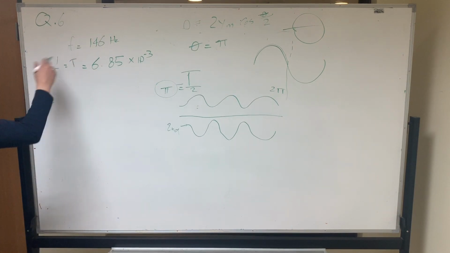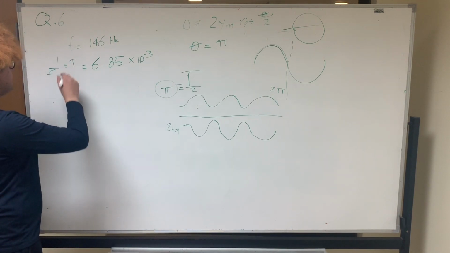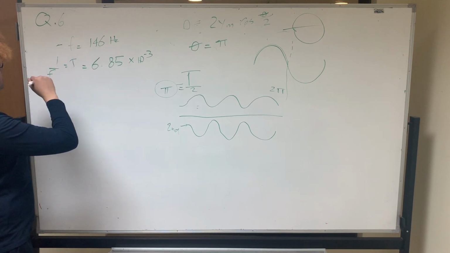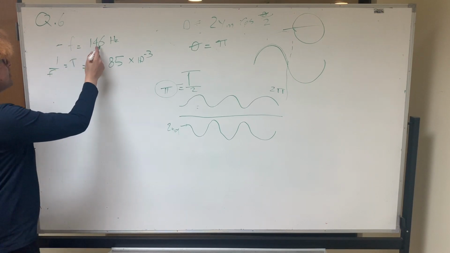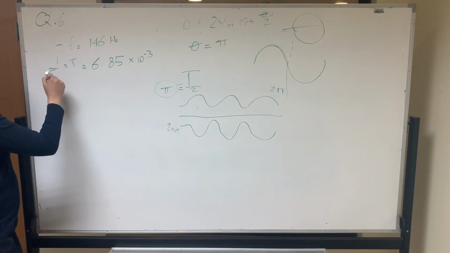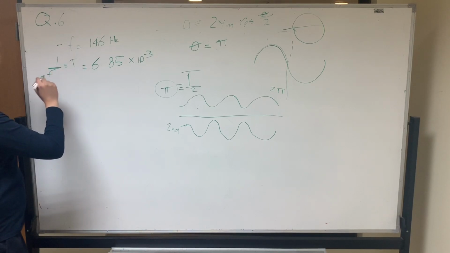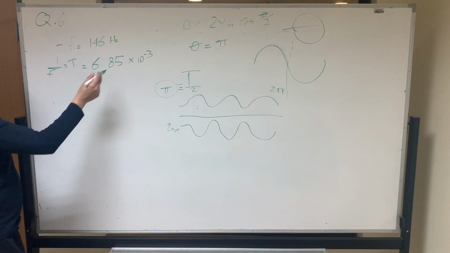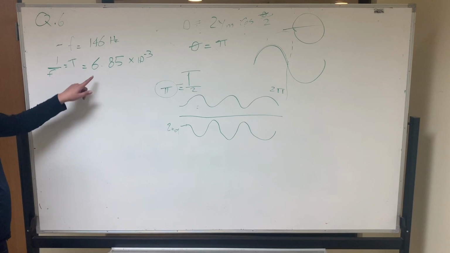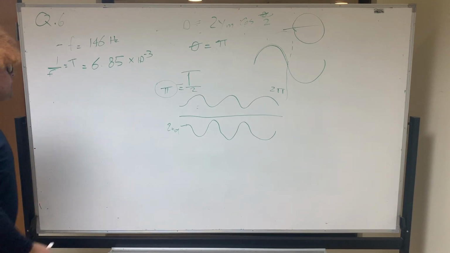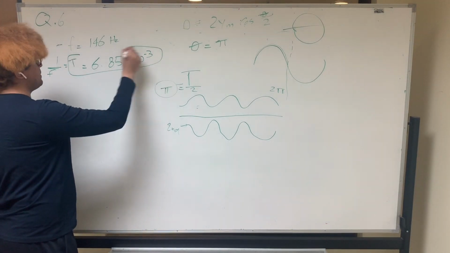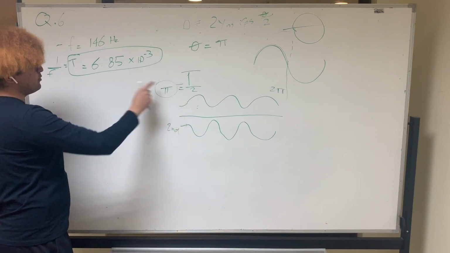So we're given the frequency in the problem, and all we need to do is take the reciprocal of this. The reciprocal is basically 1 over this, which will give you the period, and if you plug this into your calculator, you'll be getting this number. So this number is the period, okay? And we're interested in the period over 2.